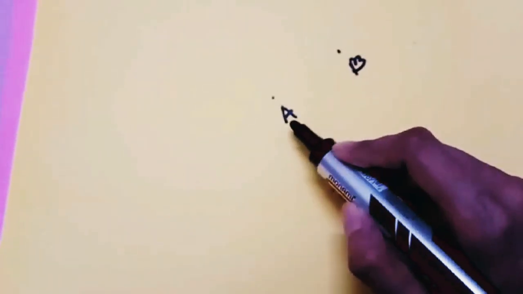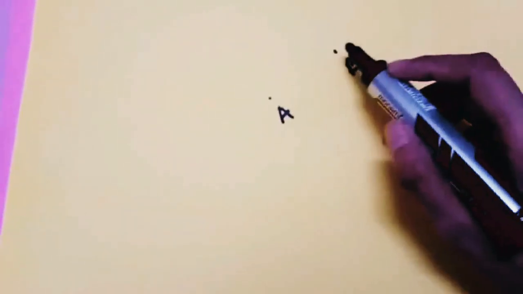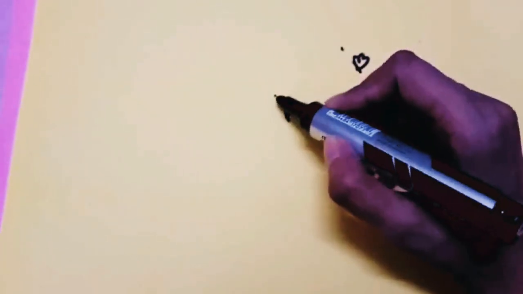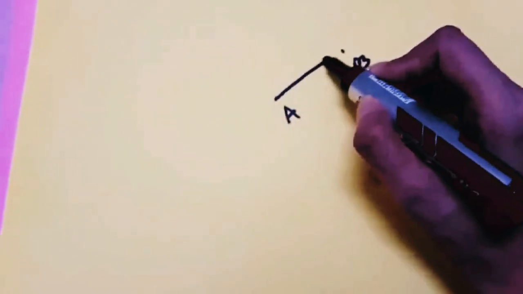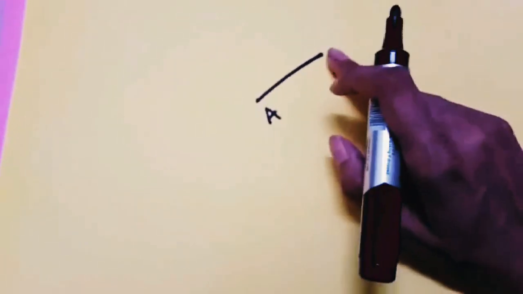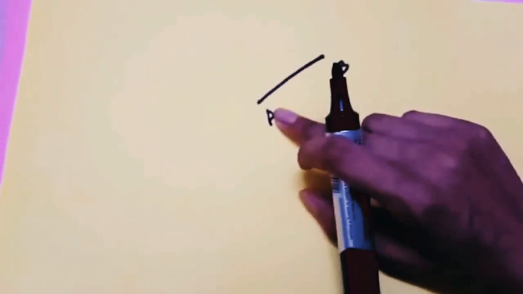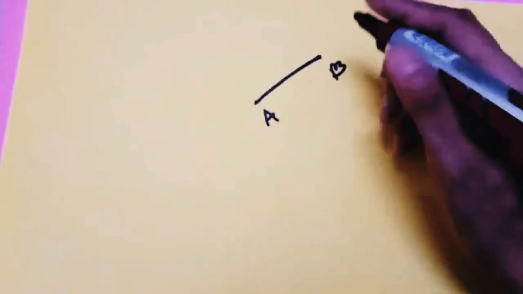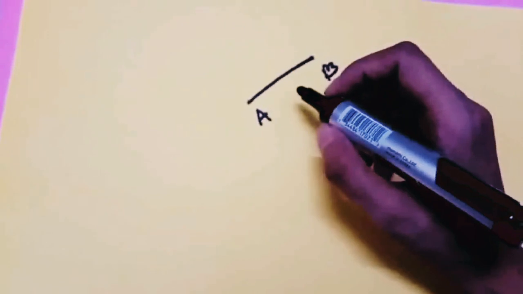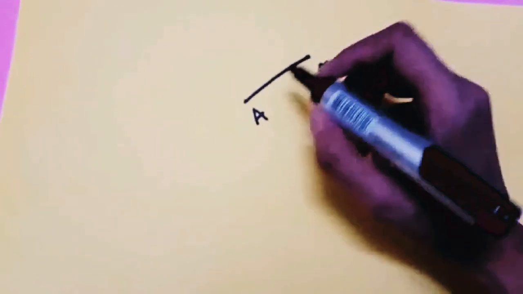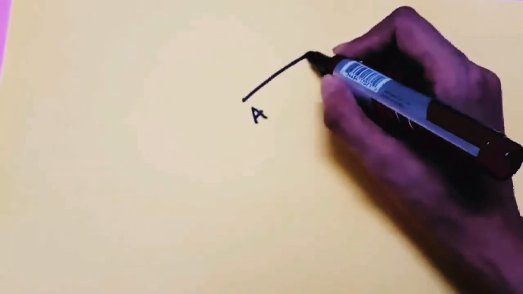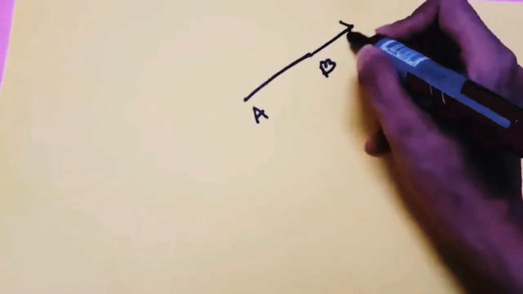I have called these A and B. I want to join this A and B. This geometrical figure is called a line segment. Now I want to extend it from B to infinity.